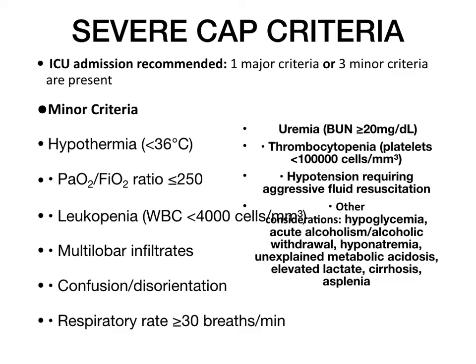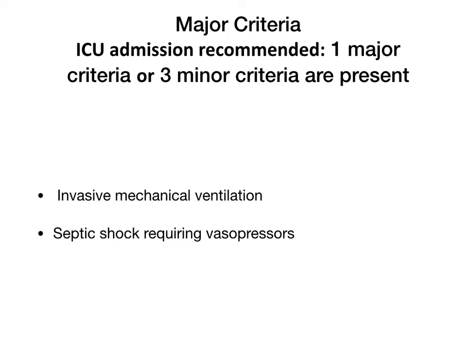So if there are three or more minor criteria, again they need admission to the ICU. As mentioned, patients who need invasive mechanical ventilation or have septic shock requiring vasopressors are admitted straight away to the ICU.